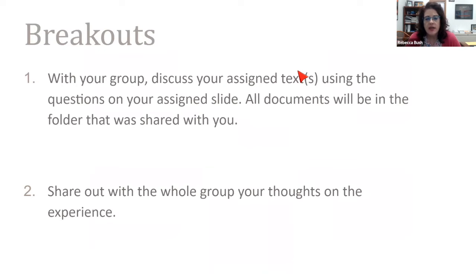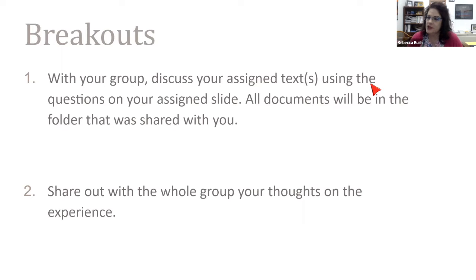So Jamie is going to assign some breakout groups, and we've got a couple of different tasks depending on the breakout group that you are in. In your breakout group, we would like you to utilize the assigned text or texts and to address the questions that are on the assigned slide.